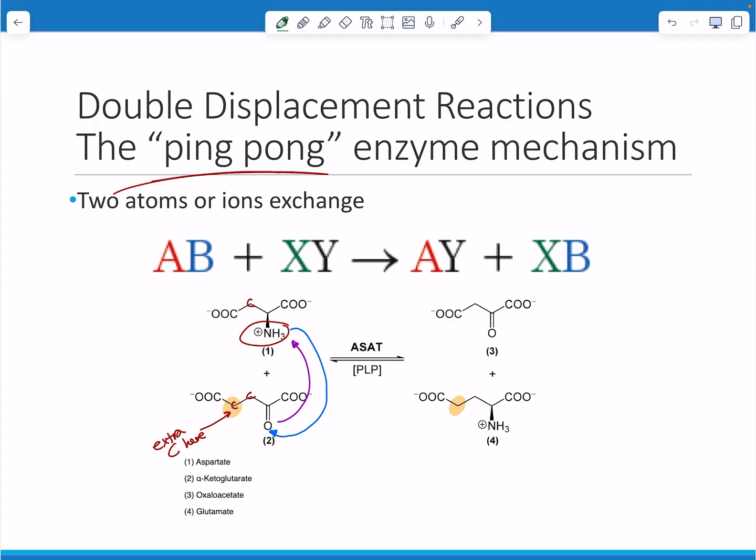The example that's here is a reaction that plays an important role in the human body. This reaction is an enzyme catalyzed reaction. An enzyme is a protein that catalyzes, or makes a reaction go faster.